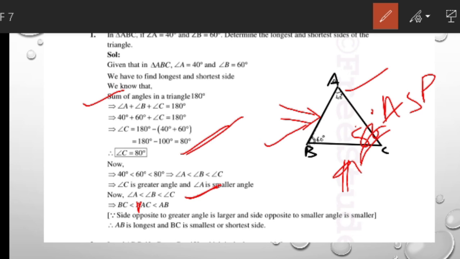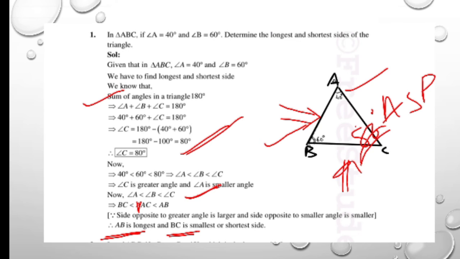First we arranged the angles in ascending order, and then we arrange the sides in ascending order, from smallest to largest. So the shortest side will be BC, and the longest side will be AB. This is how we get the longest and the shortest side in a triangle.